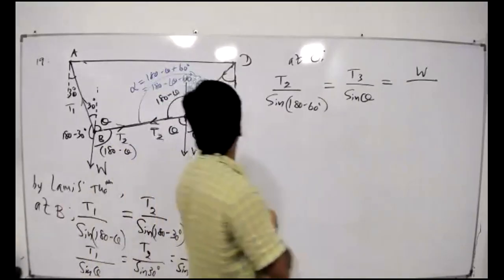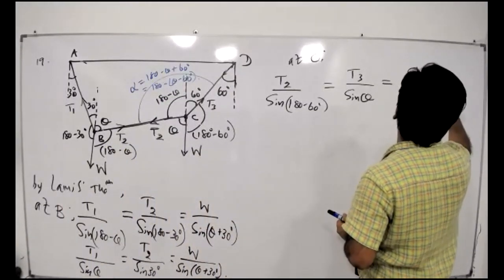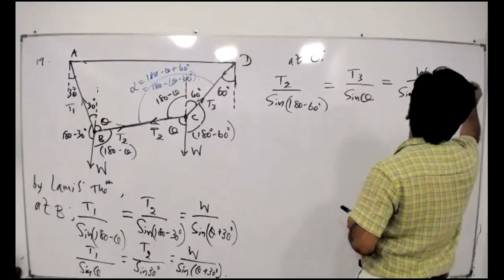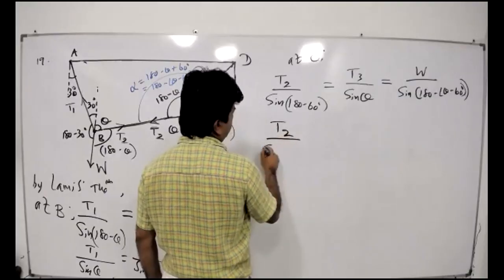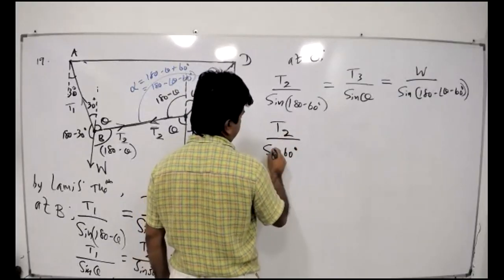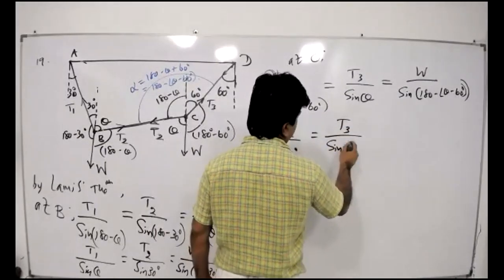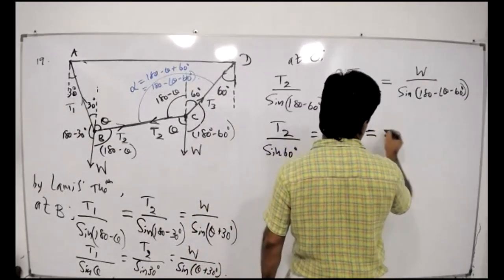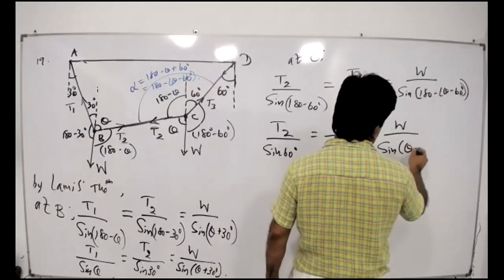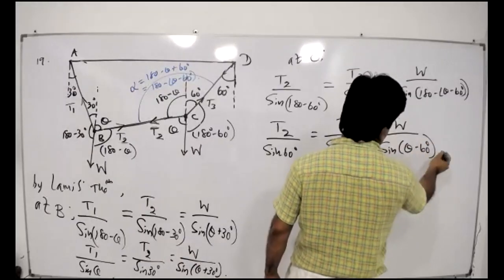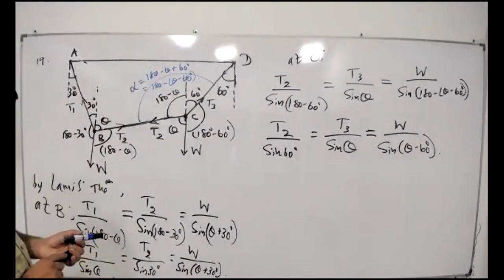So therefore, W over sine 180 minus theta minus 60. That means T2 over sine 60 equals T3 over sine theta equals W over sine theta minus 60.